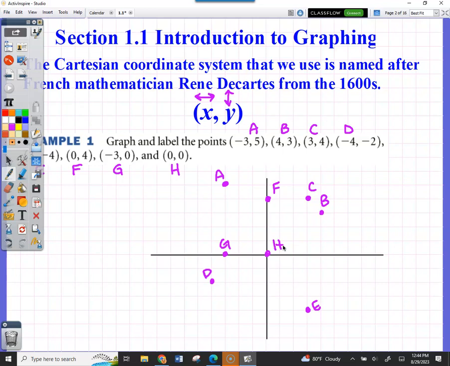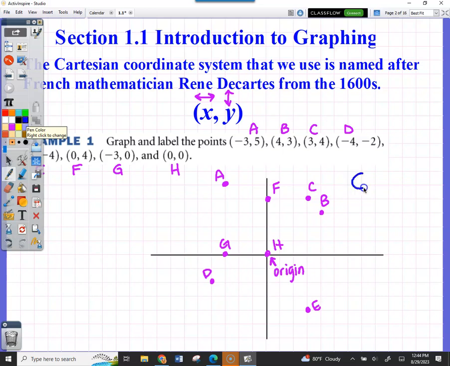Do you remember a couple of order of business things? Do you remember what this is called? Yep, (0, 0) is the origin. Do you remember how to name the quadrants? Clockwise. There you go.